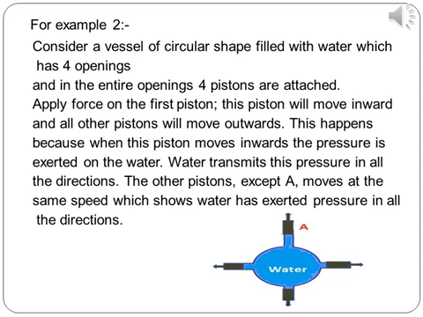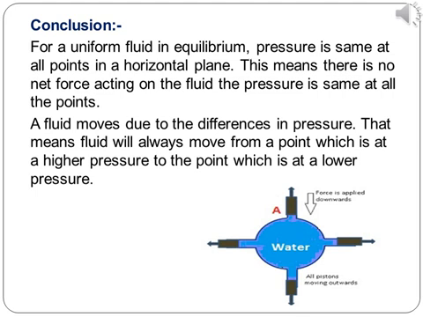This happens because when this piston moves inwards, the pressure is exerted on the water. Water transmits this pressure in all directions. So, the other pistons, except A, move at the same speed, which shows that water has exerted pressure in all the directions.